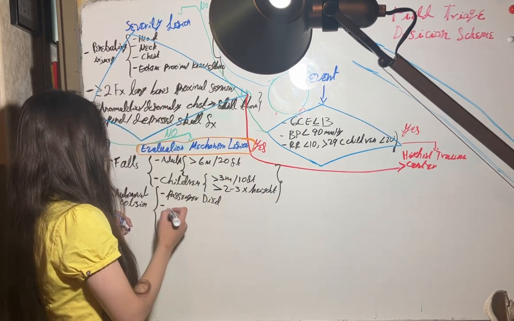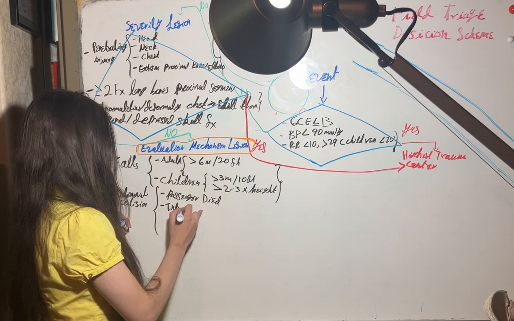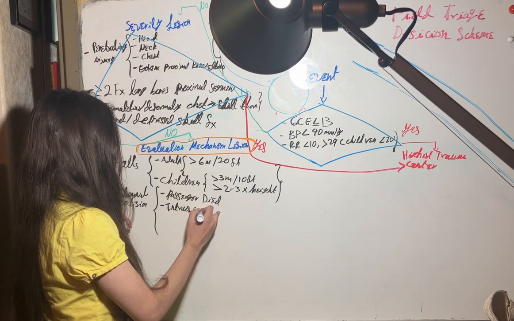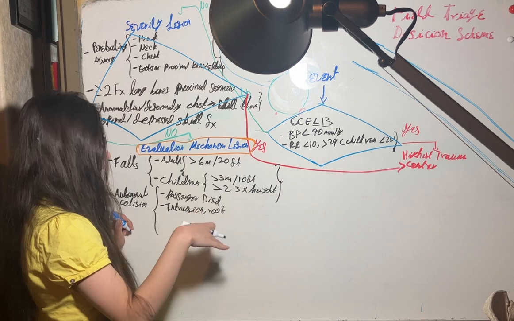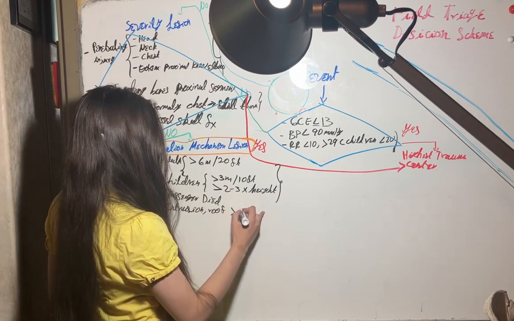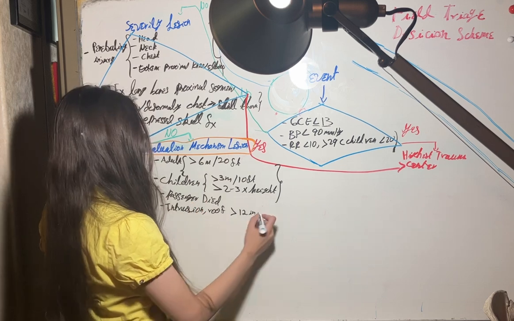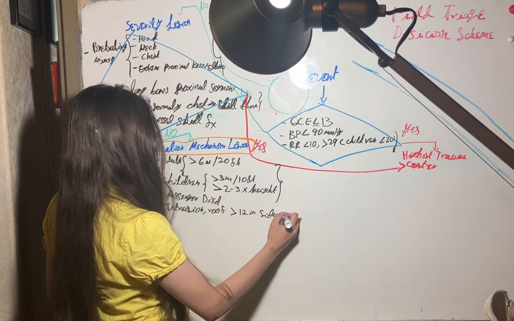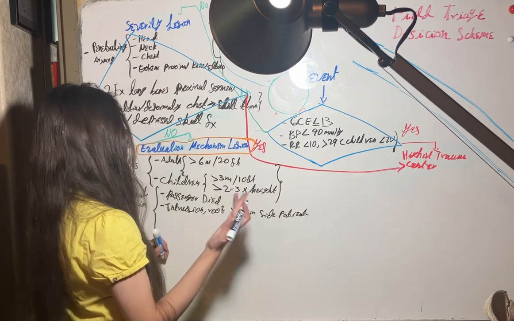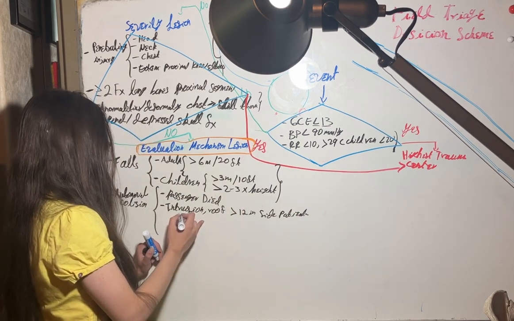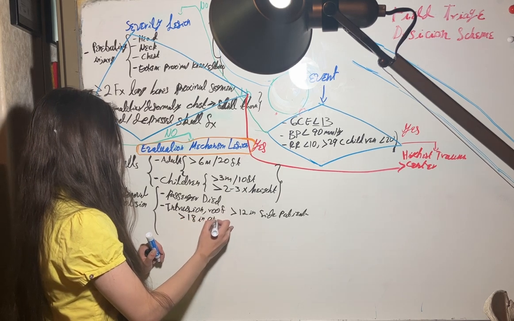Another is if we have intrusion, including the roof of the car, for more than 12 inches in the side where the patient was located, or more than 18 inches in any other side.